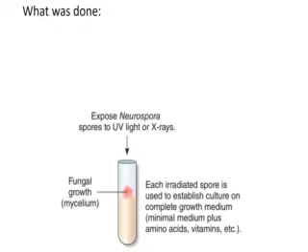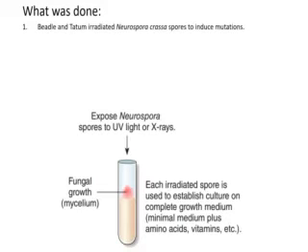So what was done by Beadle and Tatum? First, they irradiated Neurospora crassa spores. The purpose is to induce mutation, to cause the wild type Neurospora crassa to become mutant.